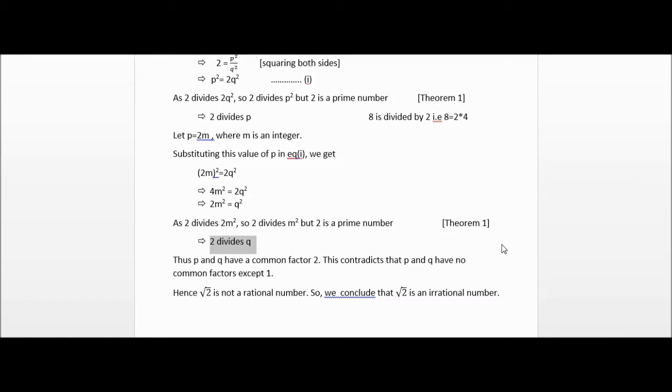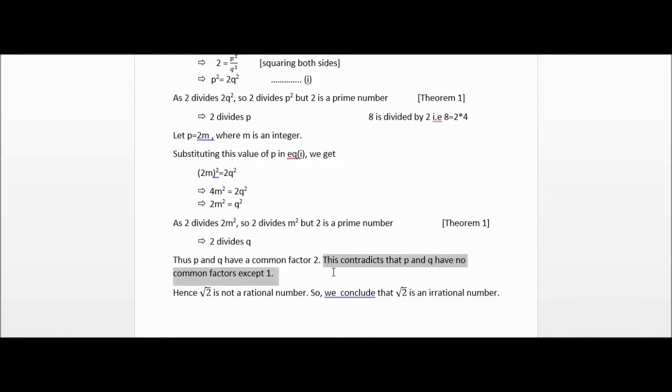But in this example, p and q both have another factor except 1. Thus p and q have a common factor 2.